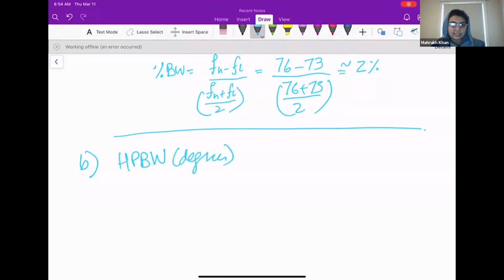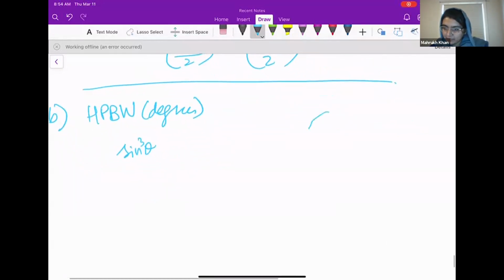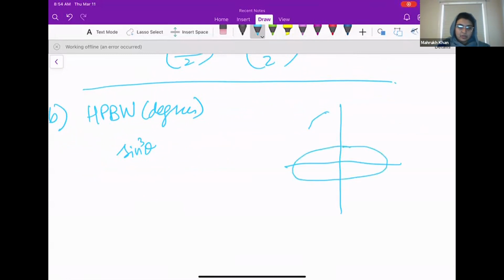Because this is sine cubed theta, if this is your angle, in this case it's an omnidirectional pattern, because it's sine. In the omnidirectional pattern, the maximum is at an angle of 90 degrees.